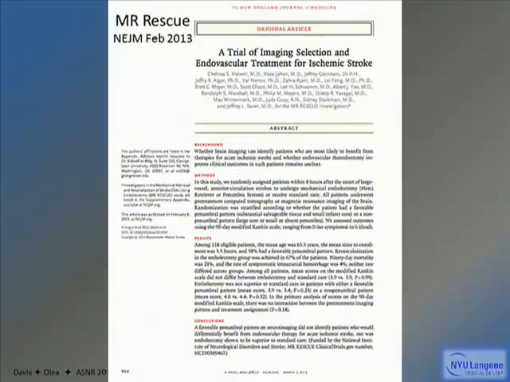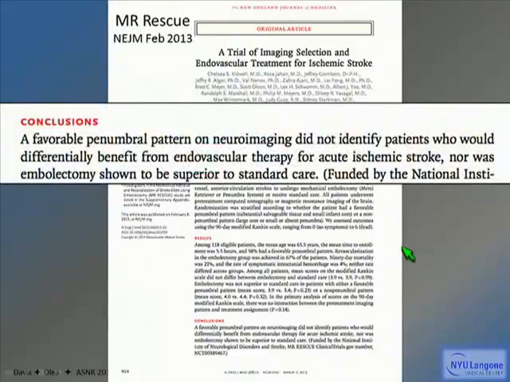So we're going to do endovascular treatment, and pull the clot out of their vessels. At the end of this very well-constructed trial, they concluded a favorable penumbral pattern on neuroimaging did not identify patients who would differentially benefit from endovascular therapy for acute ischemic stroke, nor was embolectomy shown to be superior to standard care.